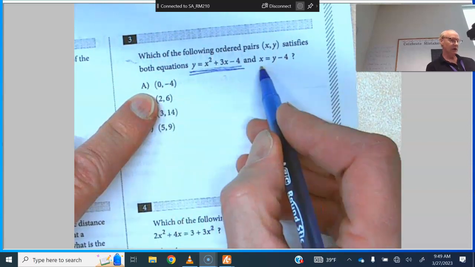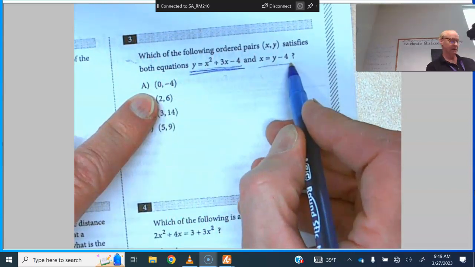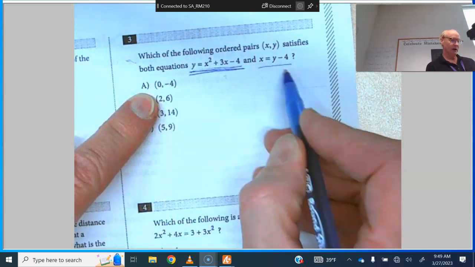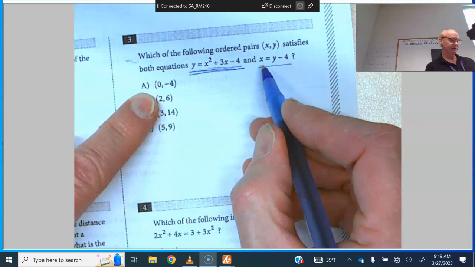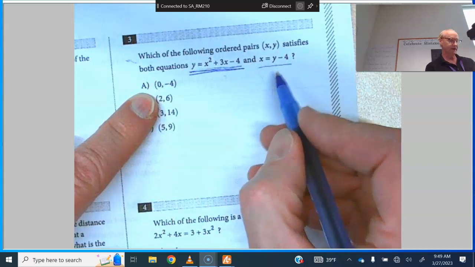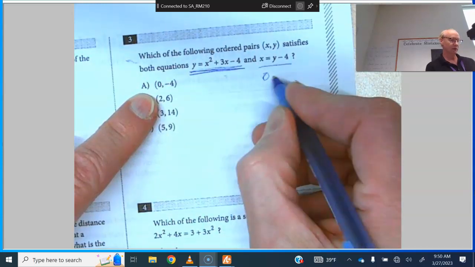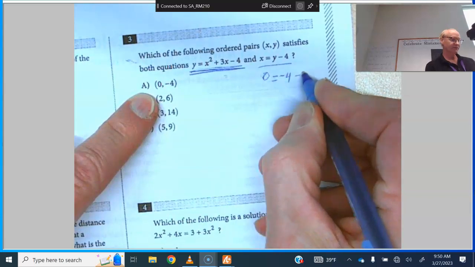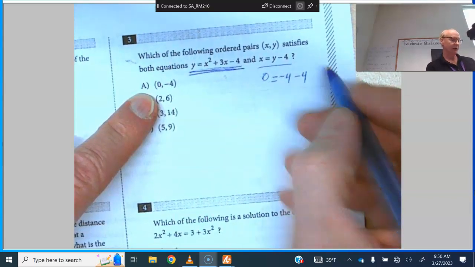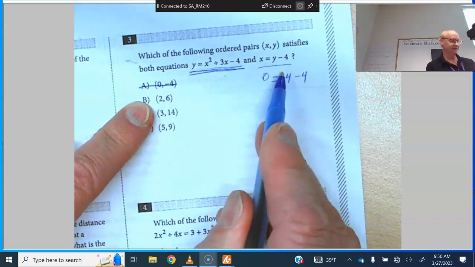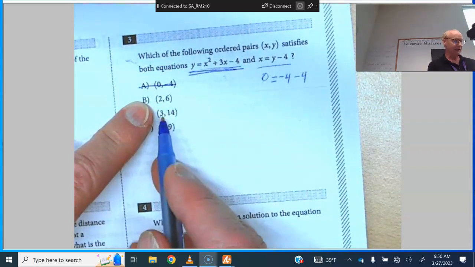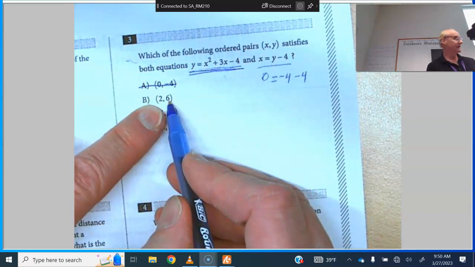And it looks almost like it would work in the second one, but they switched the x's and the y's. I know that if I put 0 and -4 in this, I'm going to get 0 equals -4 minus 4, which is not true. I know that A is true for the first one, but not the second. I'm eliminating it, and now I'm going to try (2, 6).